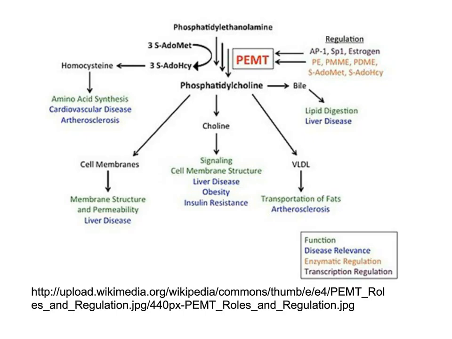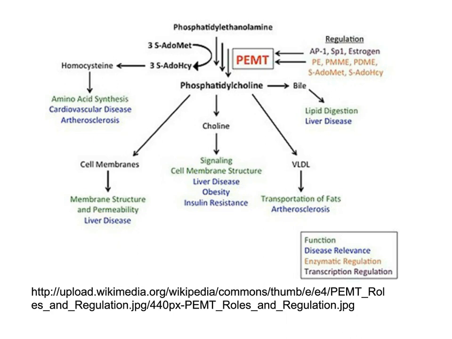In addition, as you can see in this slide depiction, choline, this phosphatidylcholine, is essential for cell membranes, for the choline needed for appropriate signaling in cell-to-cell signaling and in the cell membrane structure, and in the transportation of fats for the prevention of fatty liver and atherosclerosis, for example.